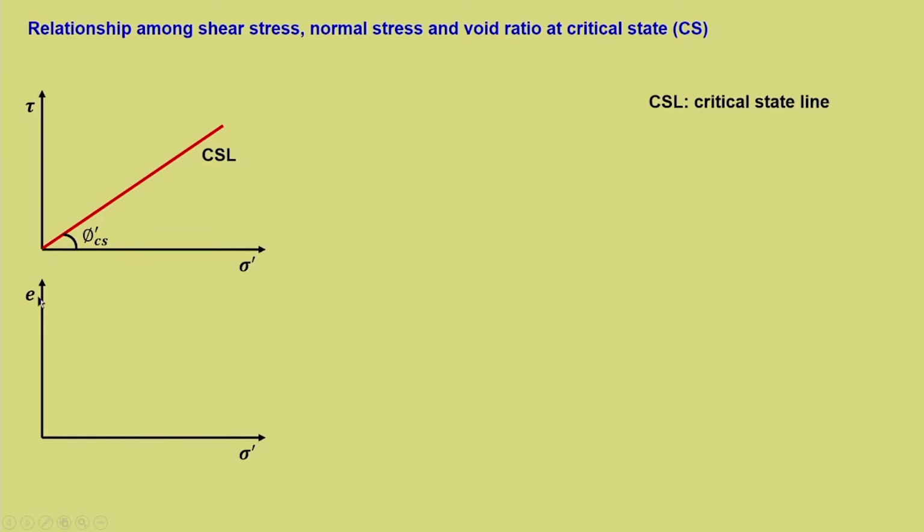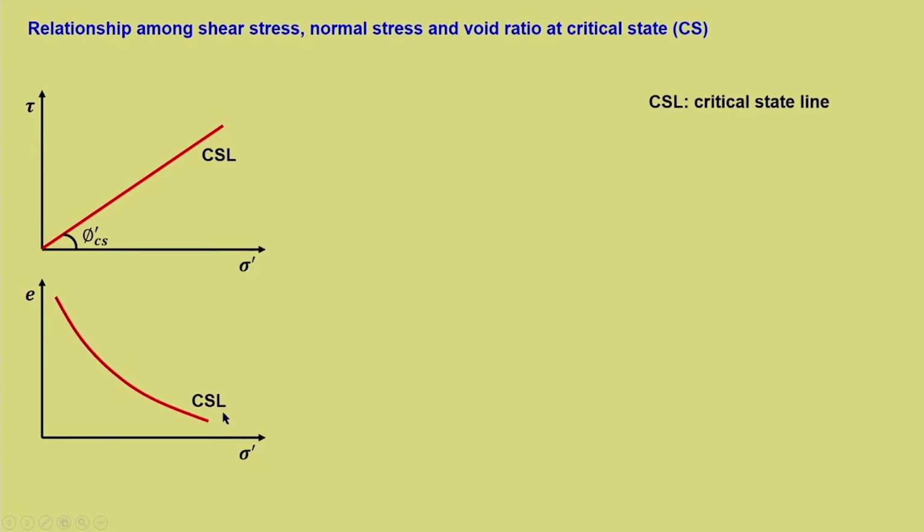Then the other response is e versus sigma dash. You can see that sigma dash, which is the effective normal stress, remains common for both the figures. So, e represents the volume change. For e versus sigma dash, we can plot a line wherein the locus denotes all the failure states, or the e and sigma dash corresponding to the critical state.